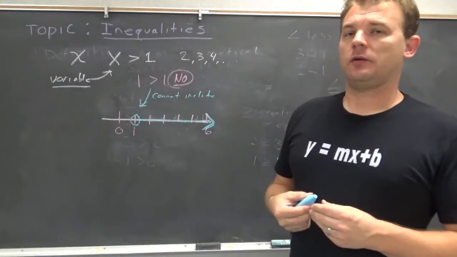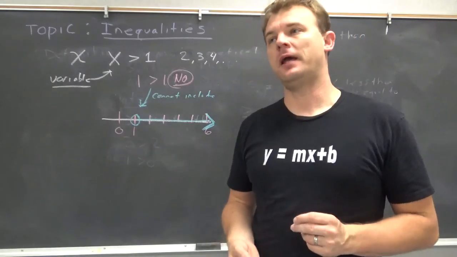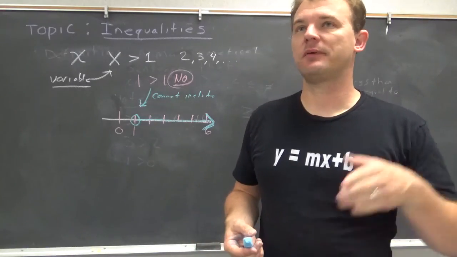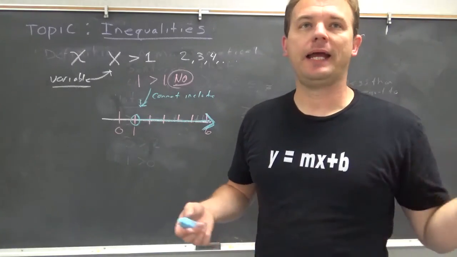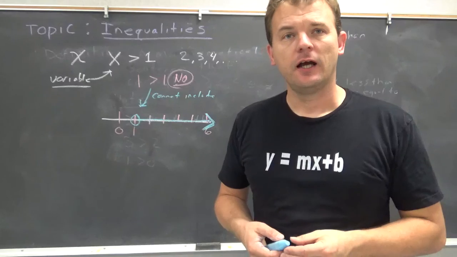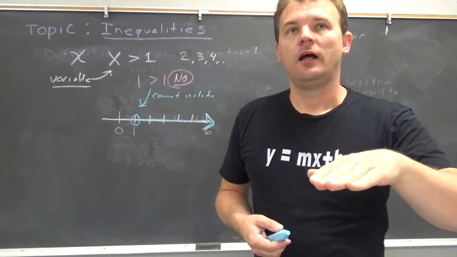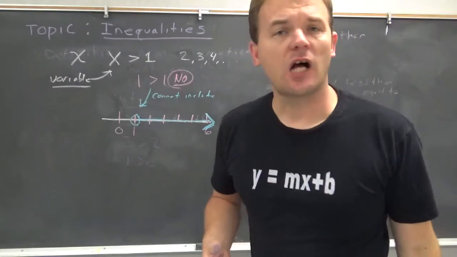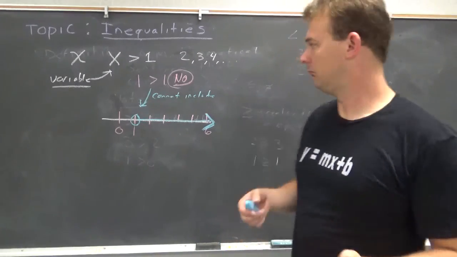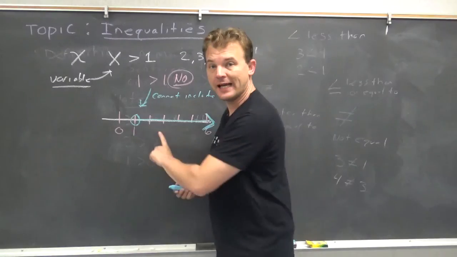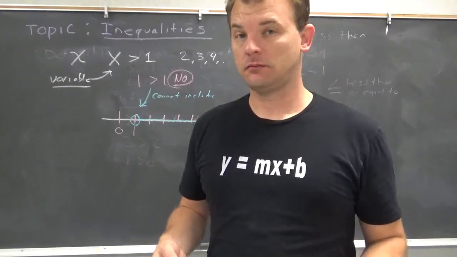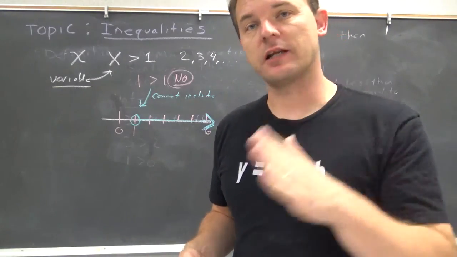Now you're probably thinking, what is this used for? Well, it's used a lot in word problems, where you can find that something's greater than what. Maybe you're getting paid a salary every year and you don't get less than, let's say, $60,000. And so that's your opening. You don't get anything less than $60,000, so everything's going to be greater than.